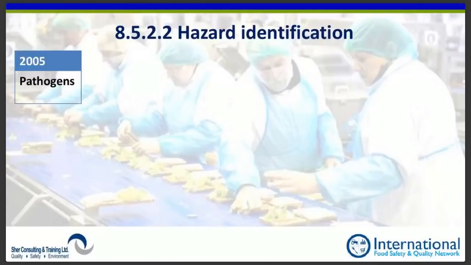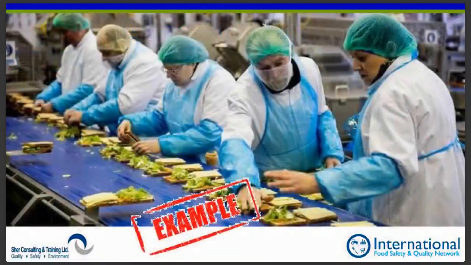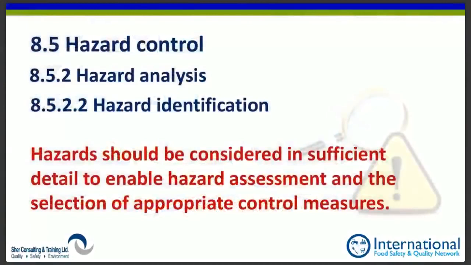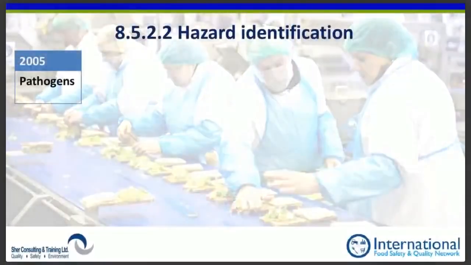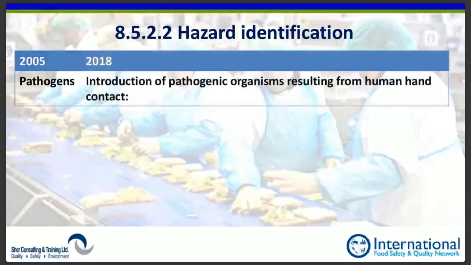Because what pathogens are we talking about? And they'd say, well, that's how we do HACCP. Well, now it says you can't do that because this says in the standard: that's not sufficient detail to enable hazard assessment. You can't choose appropriate control measures because there are all kinds of pathogens. So now I'd expect to see something beautiful like this.